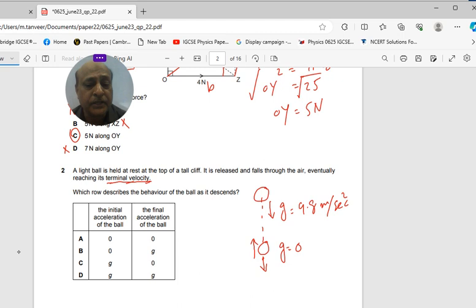No. Initial acceleration is 9.8 or g. So first is wrong. Second, initial acceleration is 0, this is also wrong. Now look at C and D. Initial acceleration is g and final acceleration is 0, this is correct. Initial acceleration is g, final is also g? No, this is wrong.